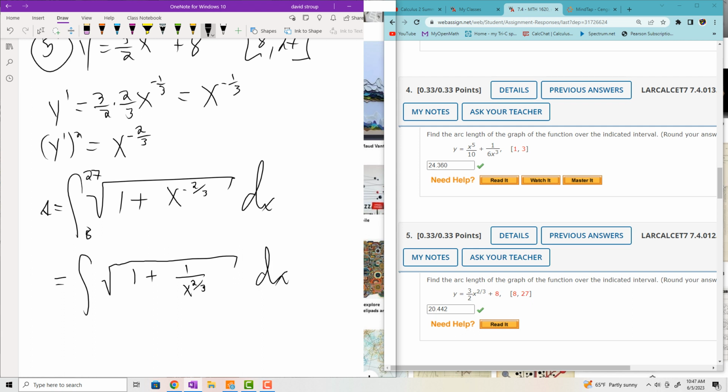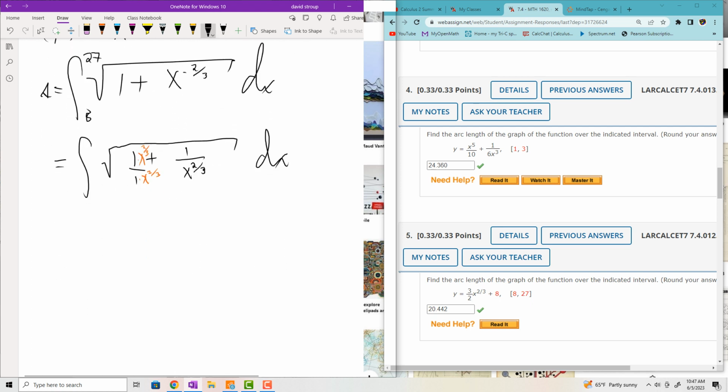I'm going to rewrite that first term as 1 over 1 and get a common denominator, multiplying top and bottom by x to the 2/3. Then I'll have the integral of the square root of x to the 2/3 plus 1 all over the common denominator of x to the 2/3.